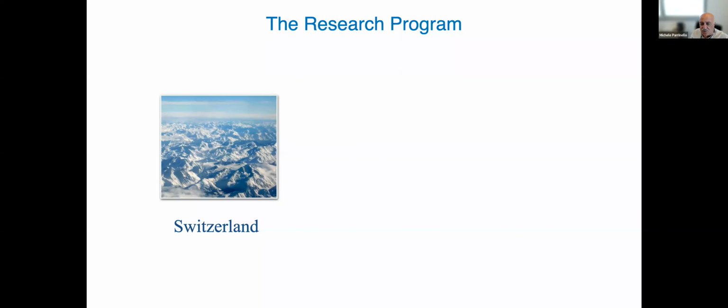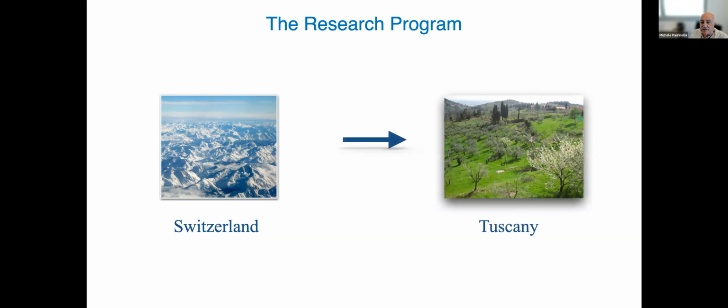And the way we do it is in a pictorial way. We start with the original Hamiltonian, with the original problem, which is complicated, and can resemble exploring, say, the landscape of Switzerland, and making it into a more gentle landscape, like the one here in Tuscany.